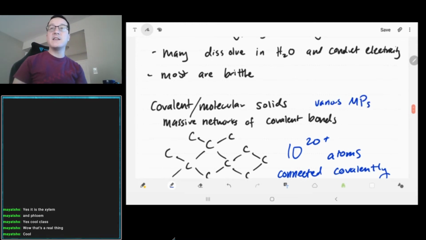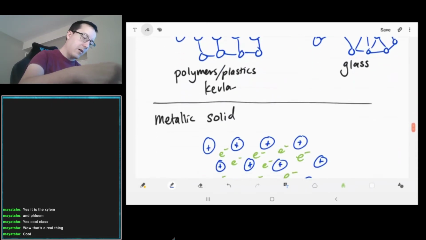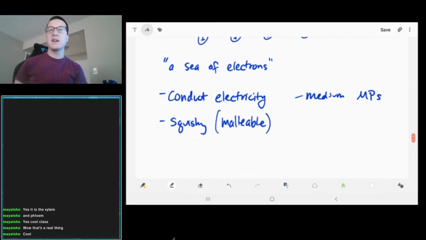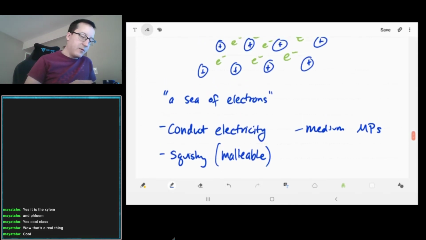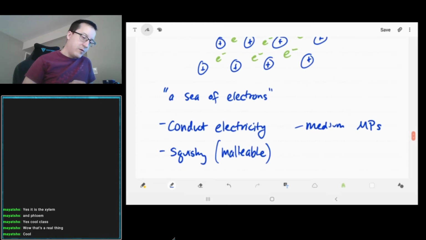So some, like diamond, have pretty high melting points. Others, like plastics or glass, have relatively low melting points. Okay, and metallic solids are going to be kind of in the middle. So we know some metals melt really easily. Some metals take a lot of temperature to melt. So it's just the way that those are. Cool.